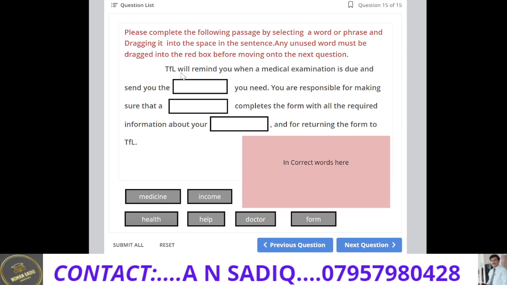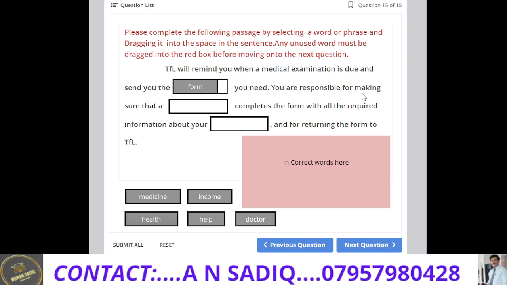So here again I will read the question. TFL will remind you when medical examination is due and send you the medicine, no, income, no, health, no, help, no, doctor. It should be the form. They will send you a form you need.